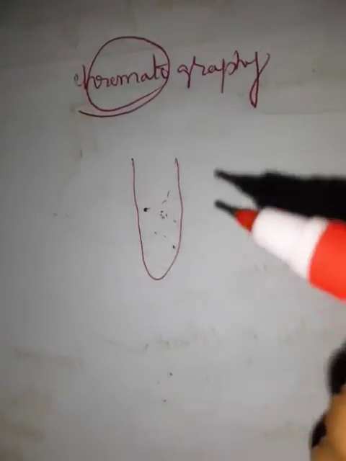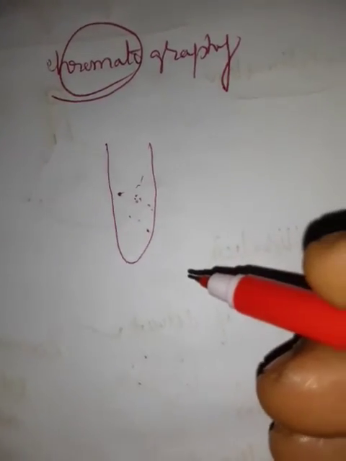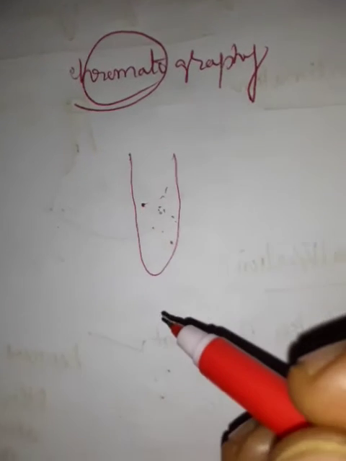Or when the stationary phase is a liquid, the mobile phase is a gas, like this. So chromatography is the process of separation of a mixture by the differential movement of the compounds through a porous medium under the influence of a moving solvent.